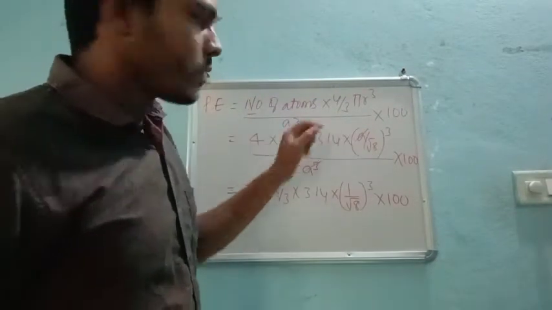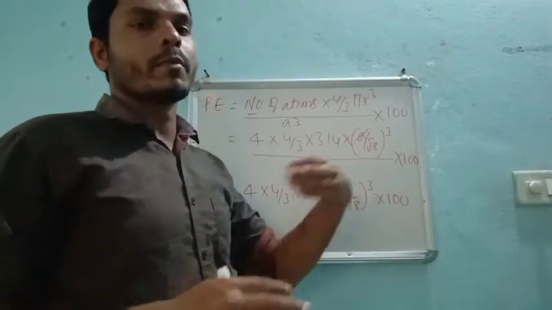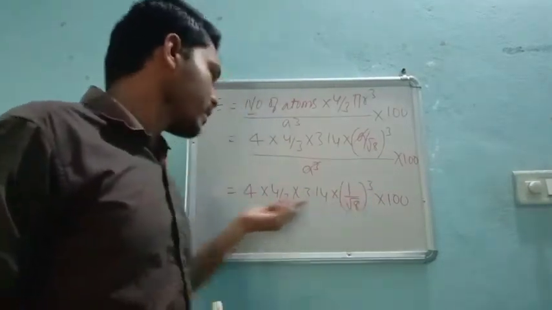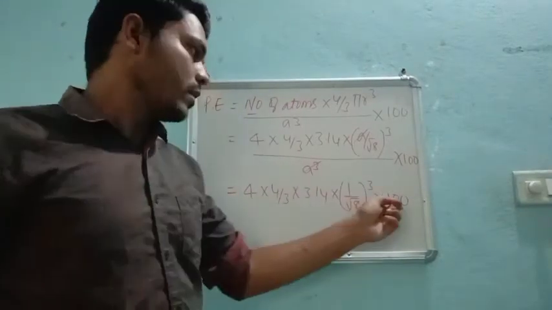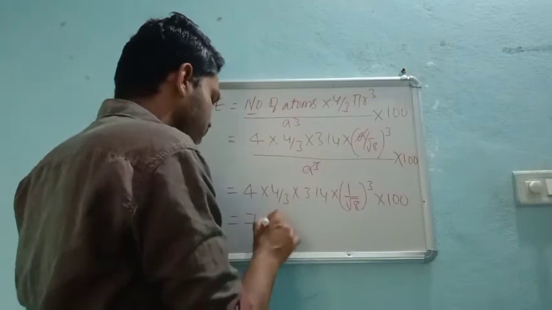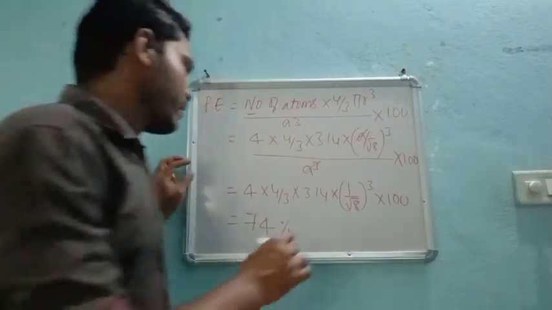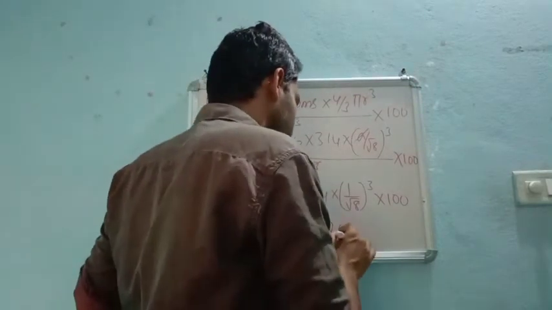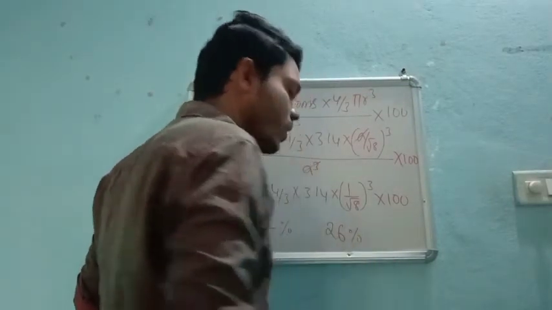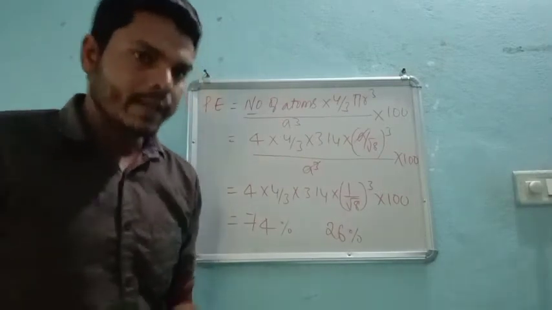Whatever the value will come, you cube it. I mean, you can multiply that 3 times and then multiply with these values. Then definitely approximately we will get 74% packed and the rest 26% is empty in case of what? In case of FCC unit cell, right?